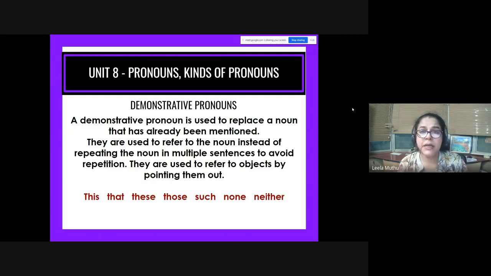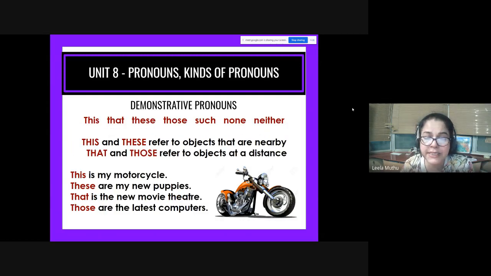And then we use words like such, none, and neither. Okay? These are all demonstrative pronouns. So now, when I show you the examples, you'll know exactly what I'm talking about. So this, that, these, those, such, none, and neither. In some places they say neither, some places they say neither.